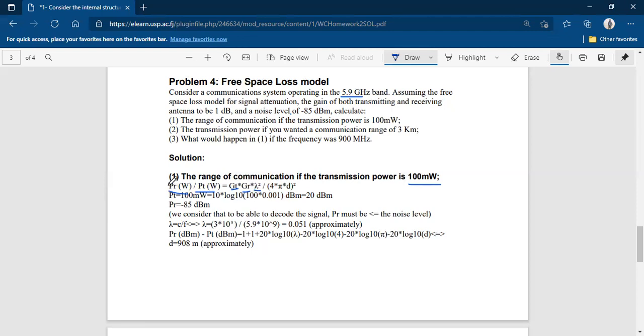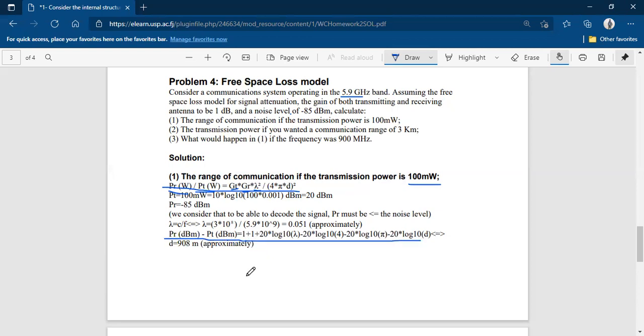The log of receiving power minus log of the transmitting power is equal to log of gain plus log of gain plus log of lambda squared, or basically plus 2 log lambda, and minus 4 times pi times d squared. So bringing 2 in front, I believe all of you know the log properties, isn't it? Using the log properties, we can rewrite the same equation over here.